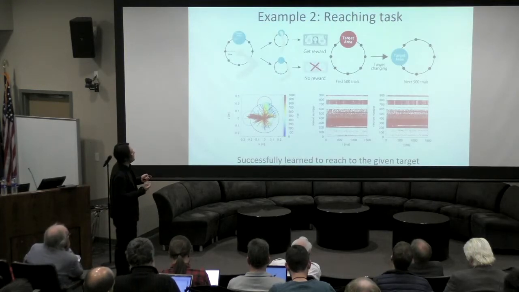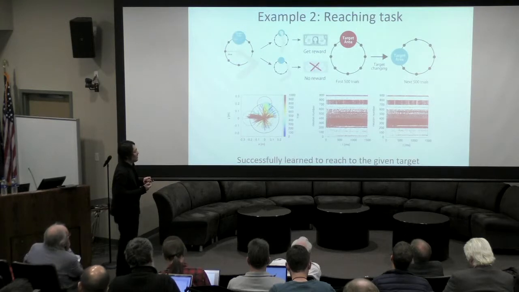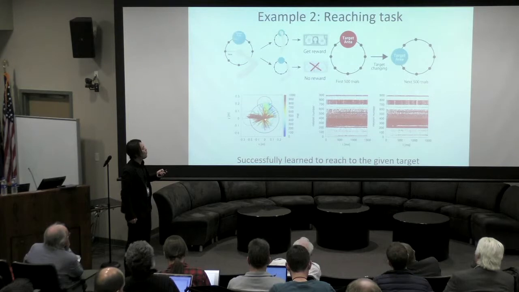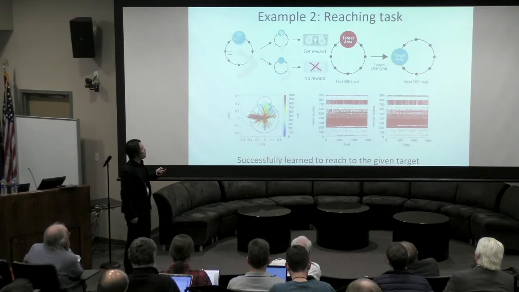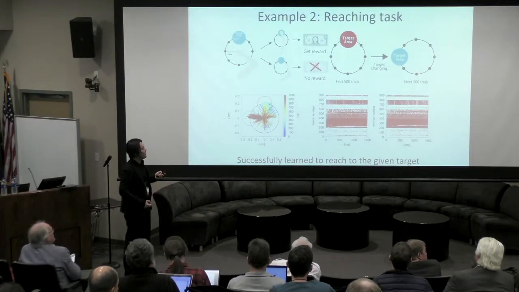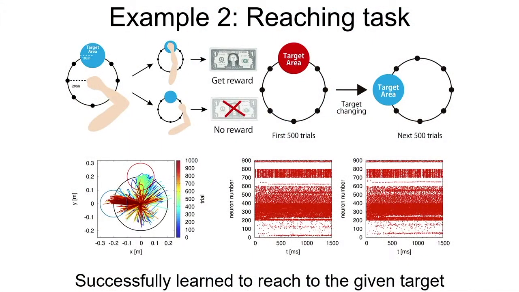In this case, I show only the trajectory of the arm. For the first 100 trials, the target always appears here, so the agent learns to reach the arm to this area. After the 100 trials, the target position changes from here to here, and the agent relearns to move the arm to the next target.